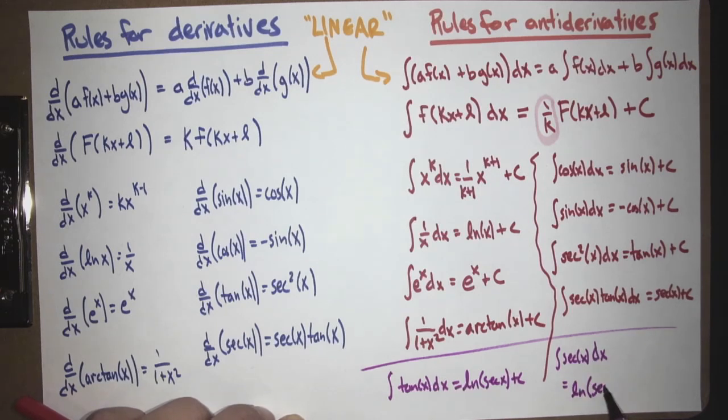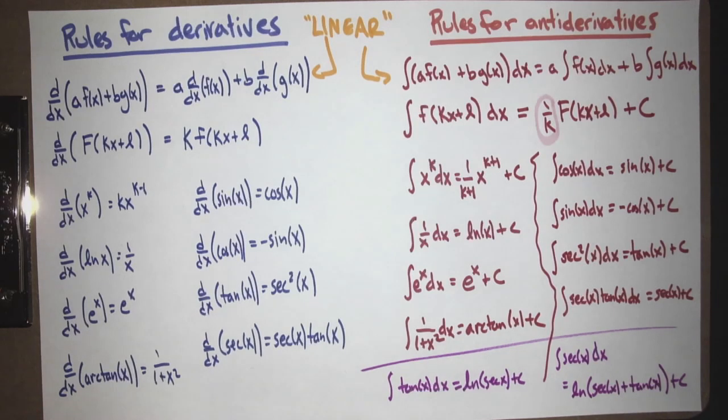Log of secant plus tangent on the inside of the log. So these are the 10 antiderivatives that you should know. For now, focus on the 8 to start with. Everything else, our goal is to say, can I make it look like one of those things right now?